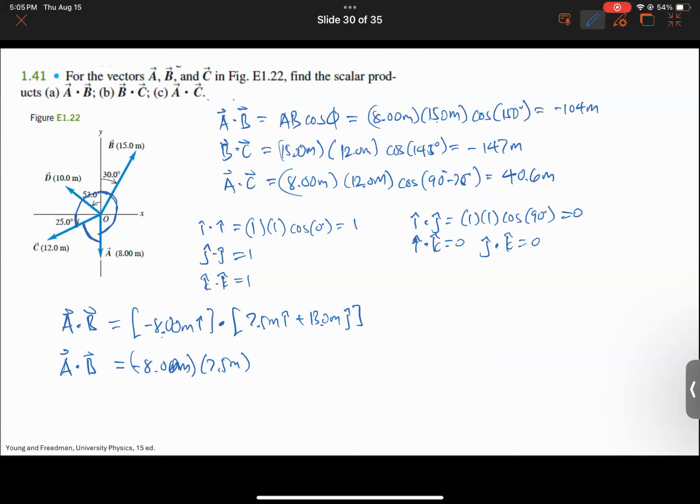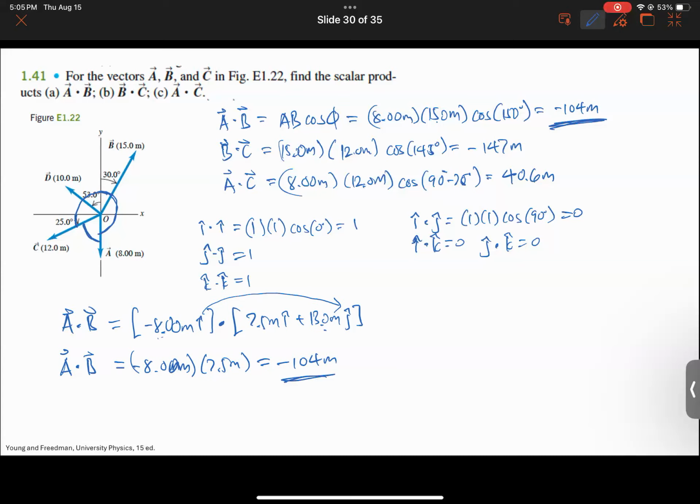Kasi I hat dot I hat is 1. Ito naman, negative 8.0 meters times 13 meters, tapos I hat at J hat, that's 0. Diba? So, this gives us negative 104 meters squared, which is the same as yung nakuha natin kanina.